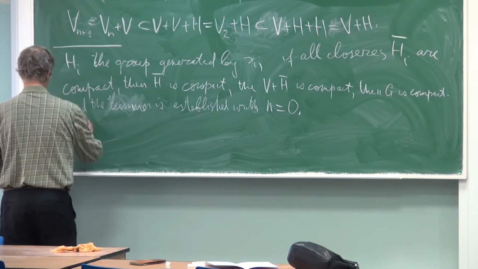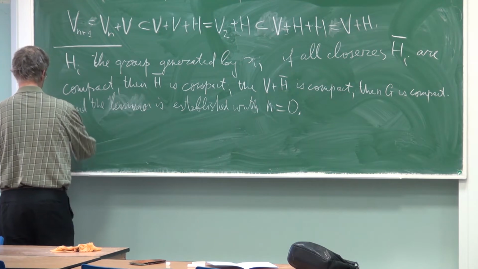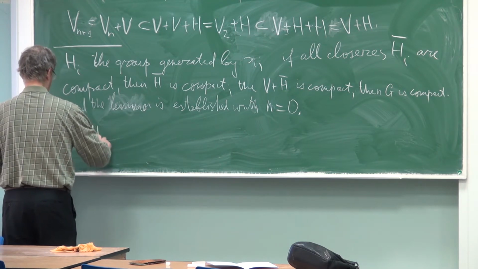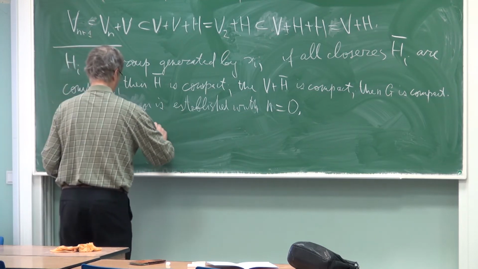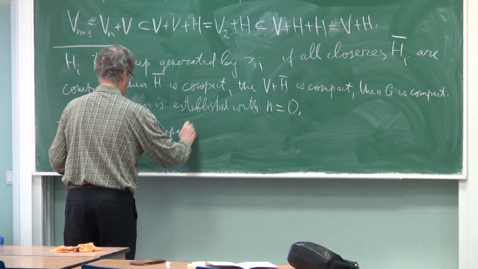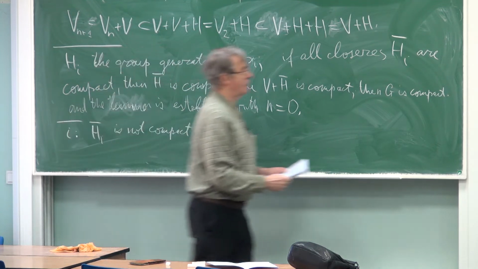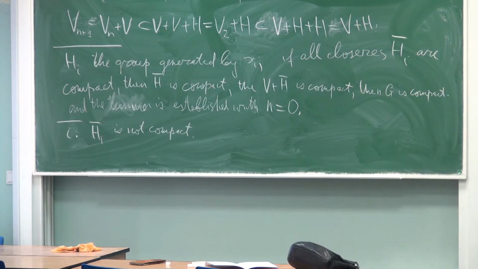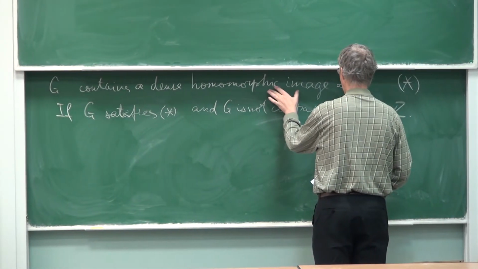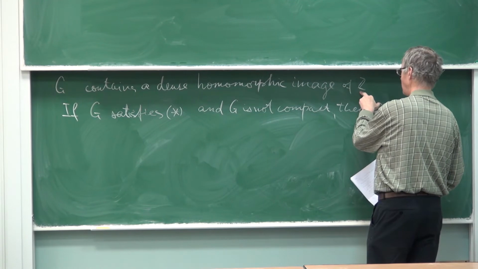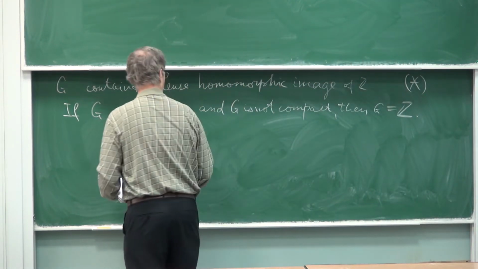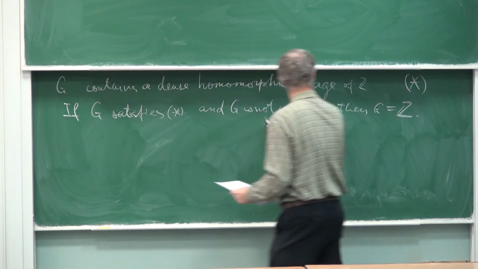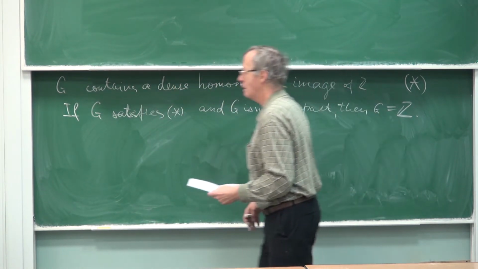Suppose that E is such that H_E bar is not compact, and then we are under these conditions. So our group H_E bar contains an isomorphic image of Z, because it's generated by one element, and it is not compact. Then it is equal to Z.